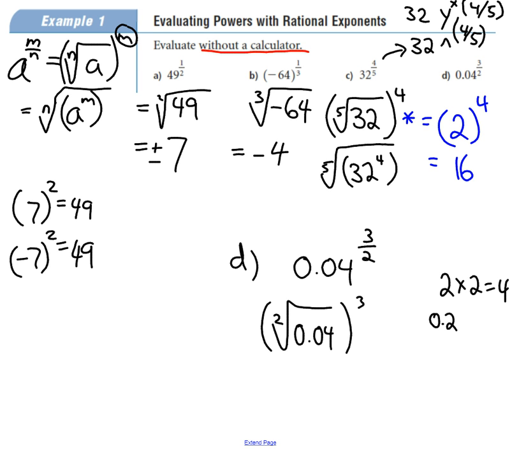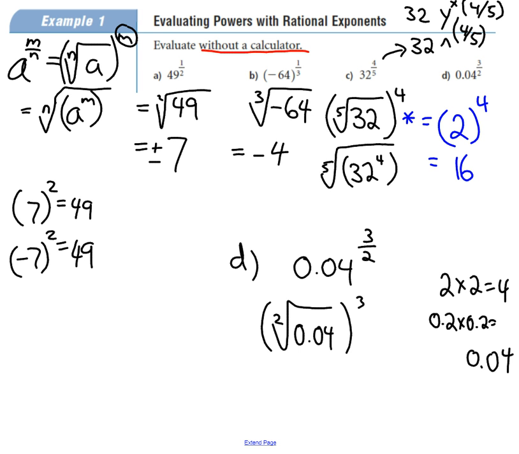And 0.2 times 0.2 is going to end in 4, but it's 100th the size, because each of the values is 1/10 of 2. So we basically are taking 4 and multiplying it by 1/10 and 1/10 again, which would be 100th of 4. So 0.2 times 0.2 is 0.04.